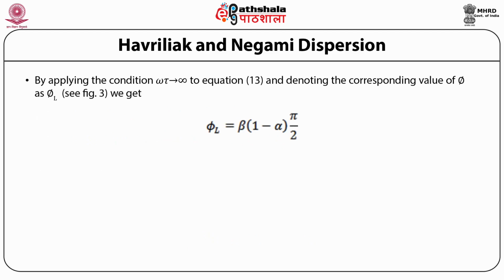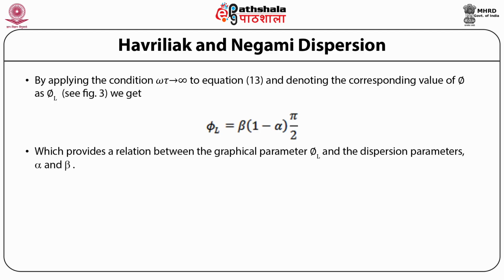By applying the condition omega tau tends to infinity to equation 13 and denoting the corresponding value of phi as phi L, see figure 3, we get phi L is equal to beta into (1 minus alpha) pi by 2, which provides a relation between the graphical parameter phi L and the dispersion parameters alpha and beta.